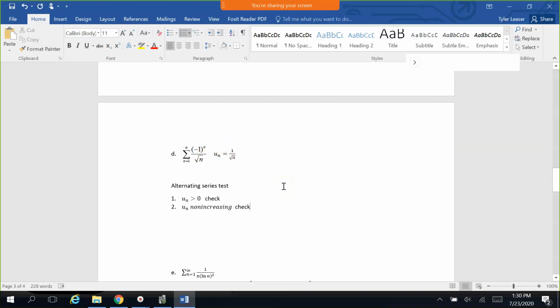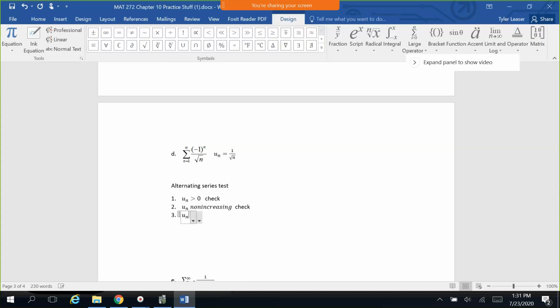There is a more practical way of checking that, and that's by doing derivative stuff. If you take the derivative of your u sub n, and your derivative is always negative, that means you're always decreasing.